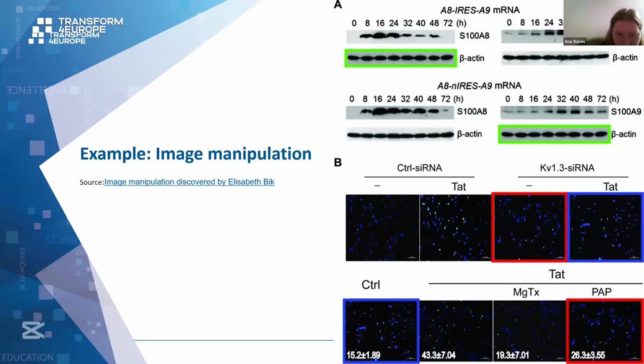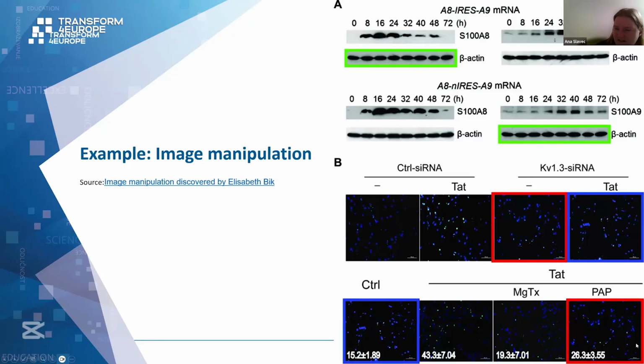So there is this Dutch scientist, Elizabeth Bik, who is reviewing a lot of papers and looking for examples of image manipulation. And this is an image from one of her discoveries, where she discovered that some scientists just copied an image and presented it as a new result, but actually it's the same pattern.